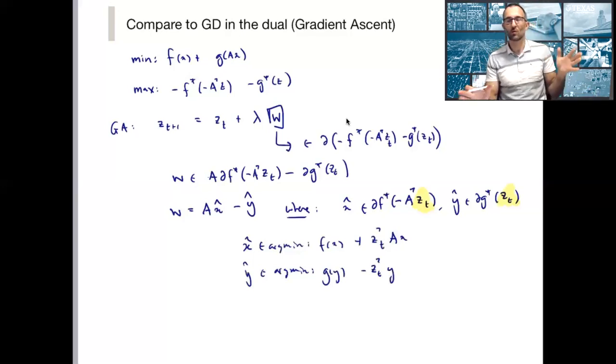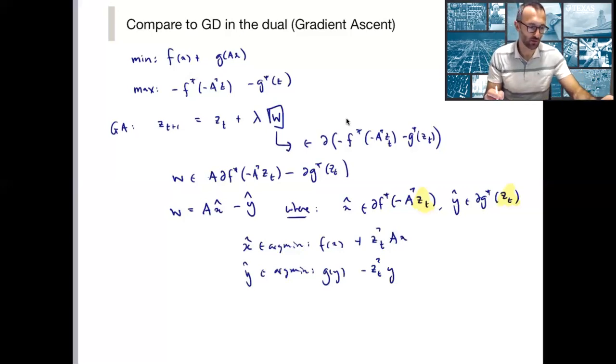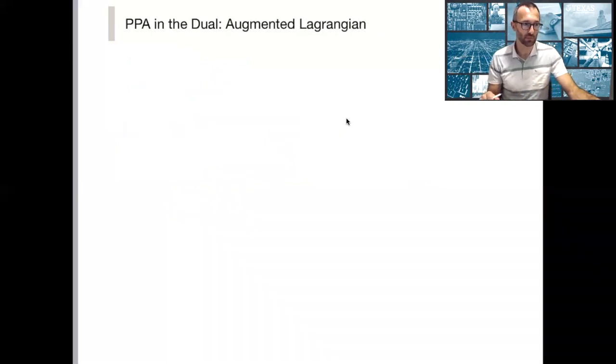This is exactly what we saw in the previous lecture on gradient ascent in the dual. We see the two problems decouple, and we're solving subproblems which are exactly the Lagrangian. So this is different. Now we need to figure out what to do now that we have proximal point, so that the subdifferential is evaluated at z_{t+1}.